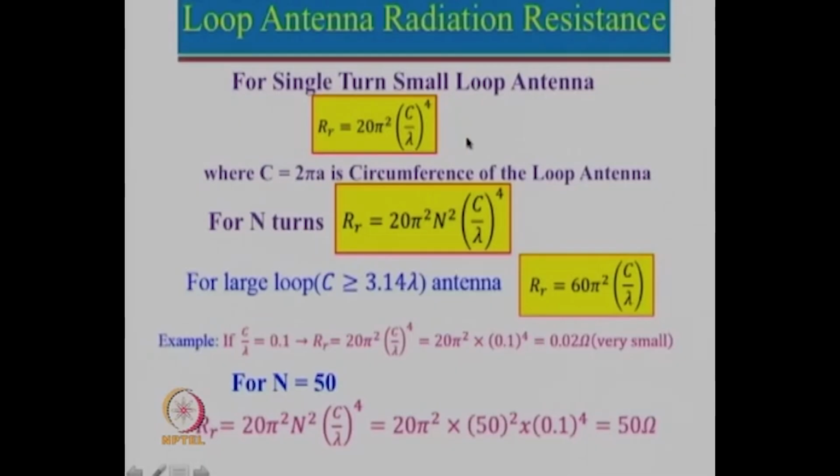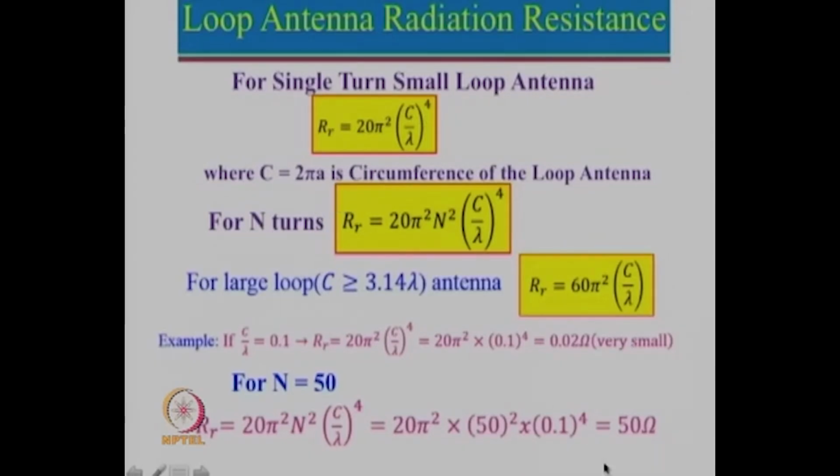Now please recall, for a small dipole antenna, radiation resistance was 20 pi square (L by lambda) square. Here the difference is it is to the power 4, but this is for a small loop antenna, where C is the circumference. Circumference is nothing but 2 pi A, which is also equal to pi D. Now most of the time we do not use a single loop antenna, we use a multiple turn loop antenna.